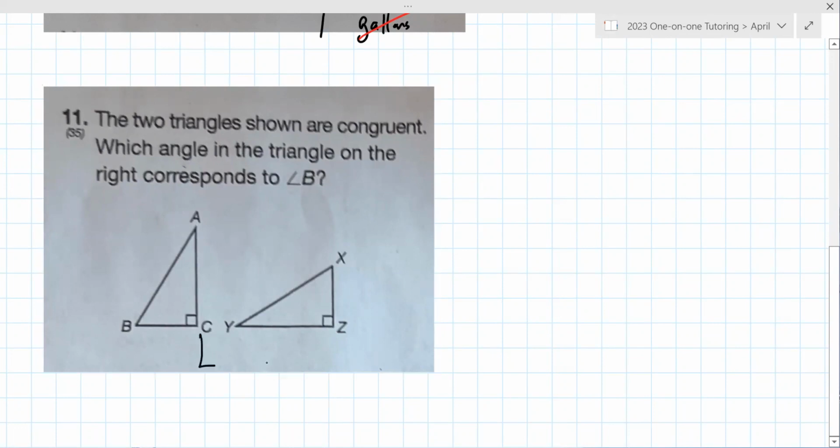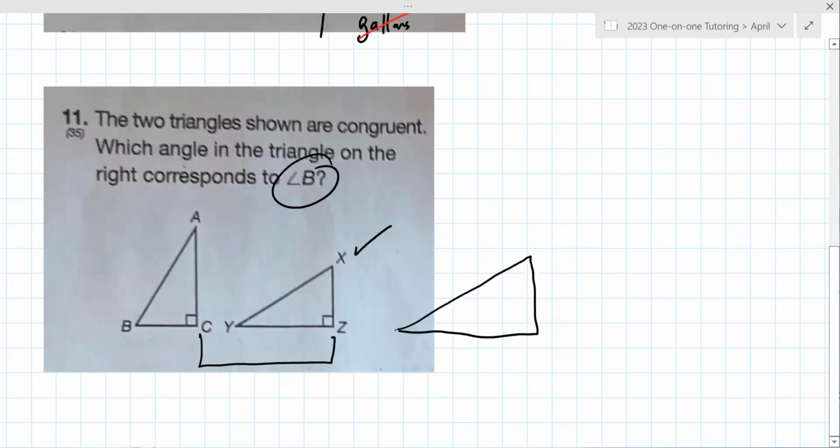I think it's pretty clear that C and Z go together. You say X goes with B. I would agree. Another thing you could do here is rewrite one of the triangles, and say that's C, that's B, that's A, and make sure they're in the same orientation like that. Is that okay? Yeah. Cool.